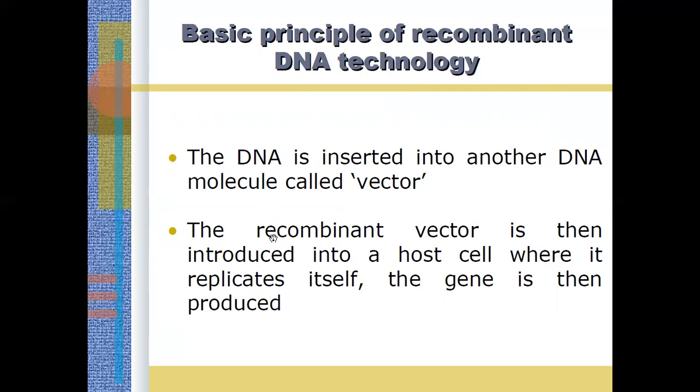Then it is called a recombinant vector because it now has foreign DNA in it, and that recombinant vector is ready to be introduced into the host cell, where it will replicate itself and the gene is then produced. So first is the insertion of a desired DNA into a vector DNA molecule, and then that vector DNA is introduced into the recipient cell, where we want replication of the DNA of interest.